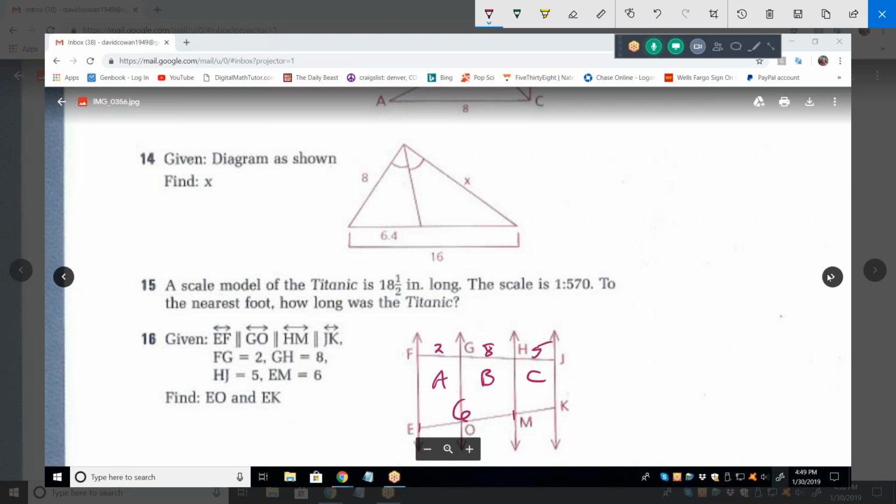And because they're similar trapezoids, what can we say? See if you can come up with an equation.